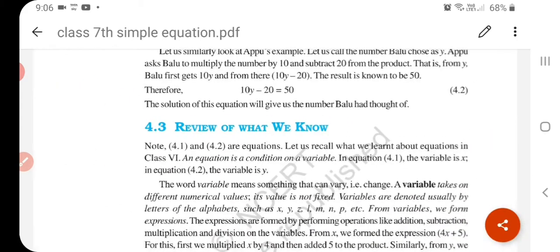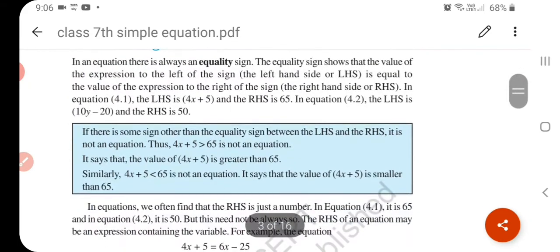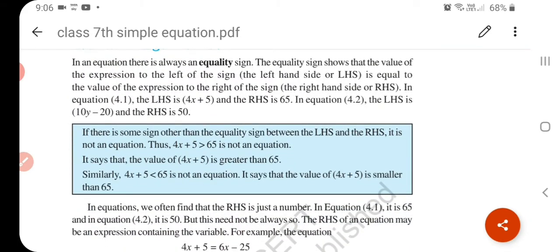See, if I talk about equation, then it is having an equal to sign and it will have two portions, LHS and RHS. Means if you go to market, you have to give something to the shopkeeper, you have to pay the money for the goods, then you will get the goods. If you want to buy a thing, then you have to give money to the shopkeeper, then you take the things that you want. Understand? So LHS means left hand side, RHS means right hand side.